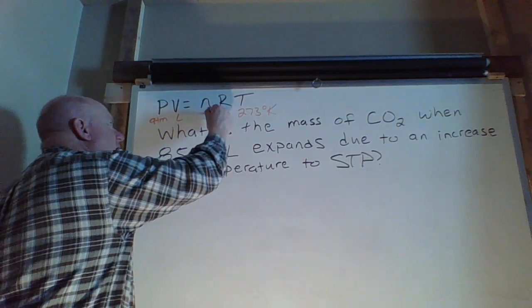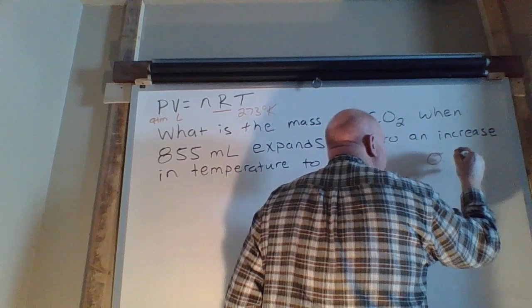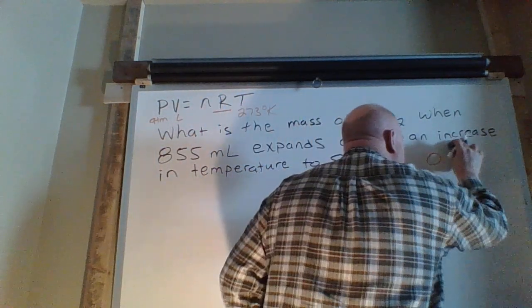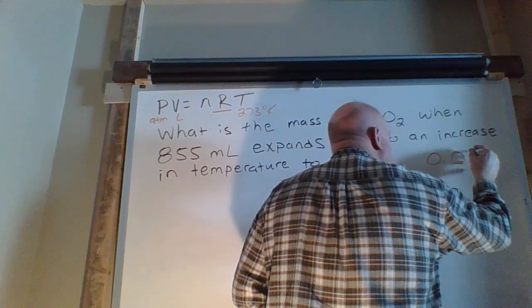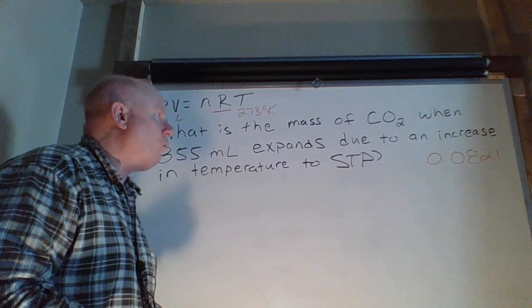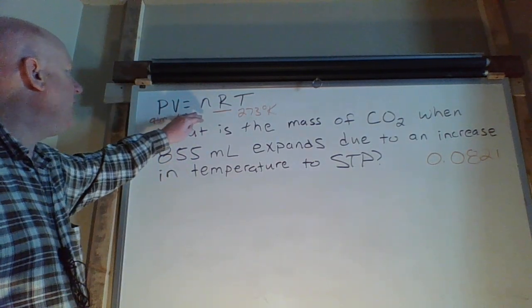So we got this R constant that we had mentioned, which is 0.0821. So where that number comes from is when we're dealing with the ideal gas law.